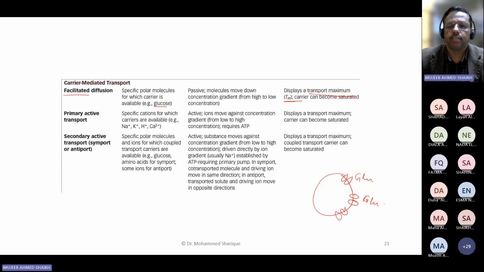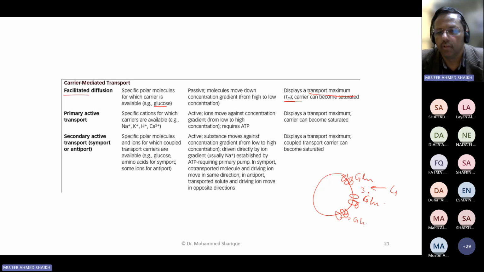Although it is facilitated diffusion and doesn't require energy, it will work only until all the channels are occupied. If 3 molecules of glucose bind here, then a fourth molecule will not bind because there are only 3 channels. So the capacity is 3 only here.